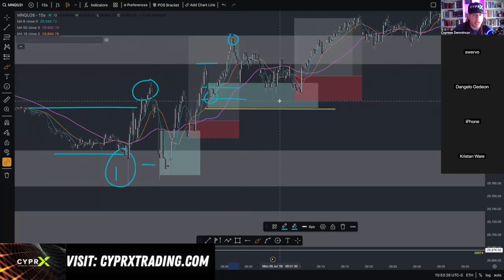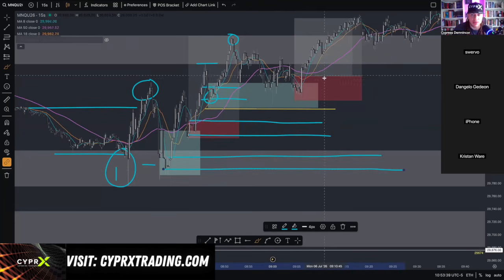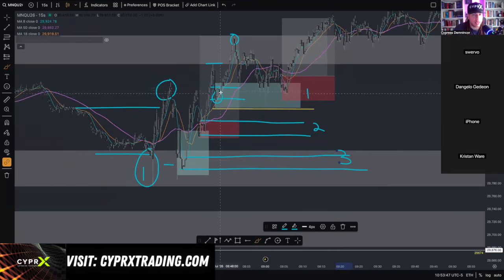Now, I wasn't just highlighting this as an AOI, I was also highlighting here as a possible area where price could react to, and highlighting this last base, saying to myself that these are now my three areas of interest, 1, 2, and 3, where if price is going to continue higher, these are likely the three areas where price is going to react from.